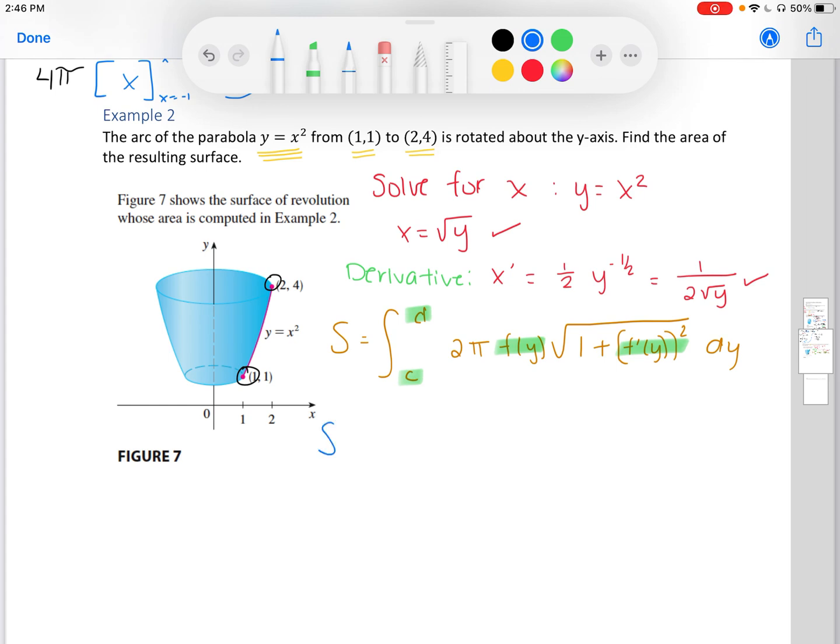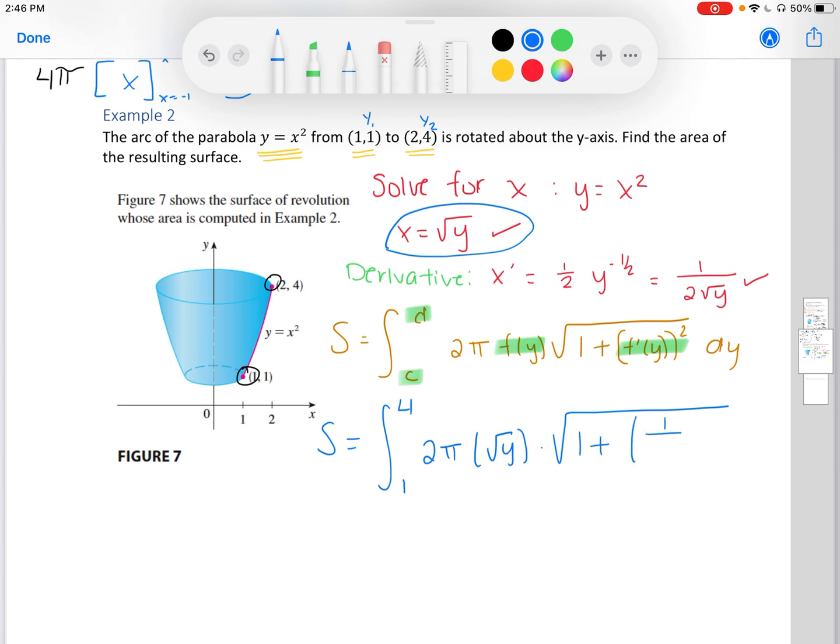So we have s is equal to, now we want our y. So we have our y1 and our y2. So it goes from 4 to 1 of 2 pi. Our function in terms of y is square root of y, times the square root of 1 plus our derivative squared.